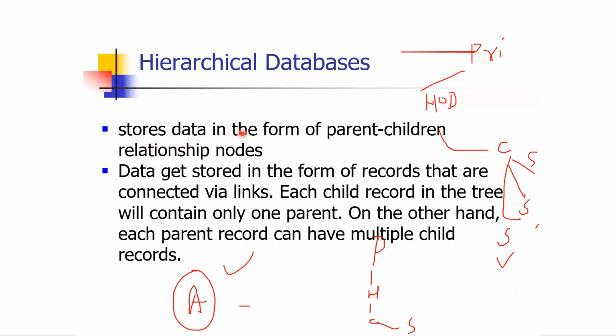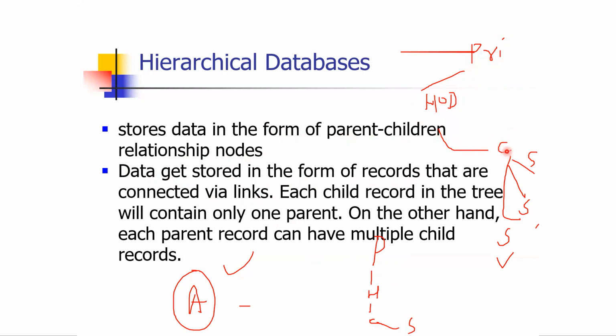It stores data in the form of parent-children relationship nodes. These are various nodes. Data gets stored in the form of records that are connected via links. Means between the principal and HOD there is a link, HOD to class teacher there is a link, class teacher to subject teacher there is a link. Getting my point? For the HOD, the principal is a parent and the HOD is a child. For the class teacher, the HOD is a parent, the principal is a grandparent.